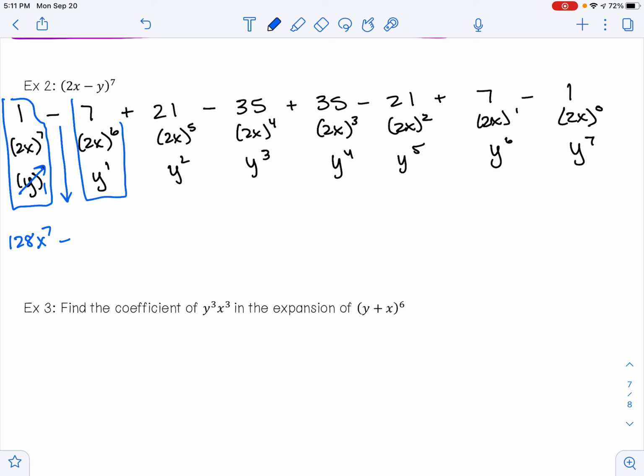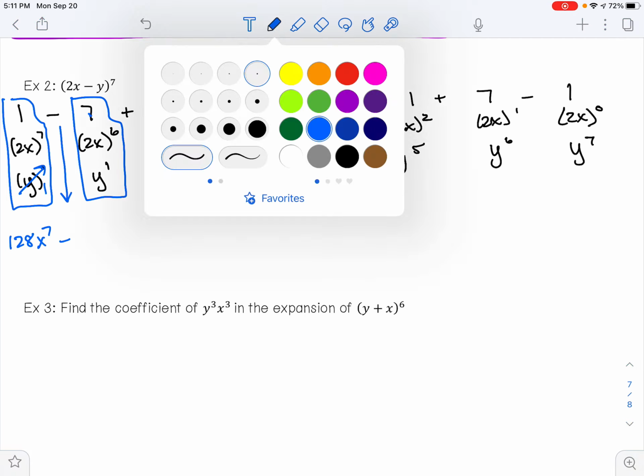Now I need to calculate this guy. 7 times 2x raised to the 6th. This means 2 raised to the 6th power and x raised to the 6th power. So if you want a visual of this, let me pick a different color.